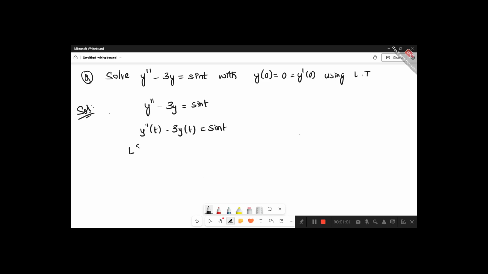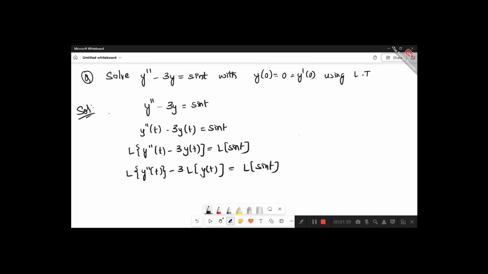So Laplace transform of y double dash of t minus 3y of t is equal to Laplace transform of sin t. Let's expand this: Laplace transform of y double dash t minus 3, which is a constant, times Laplace transform of y of t is equal to Laplace of sin t.